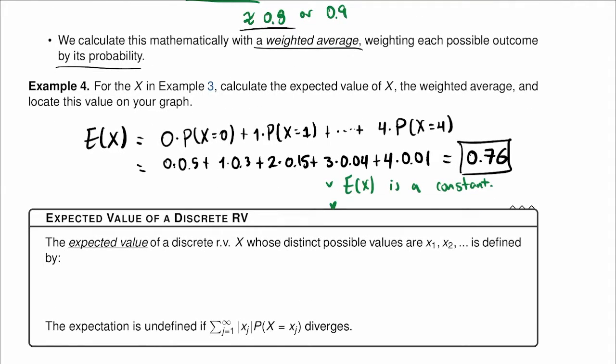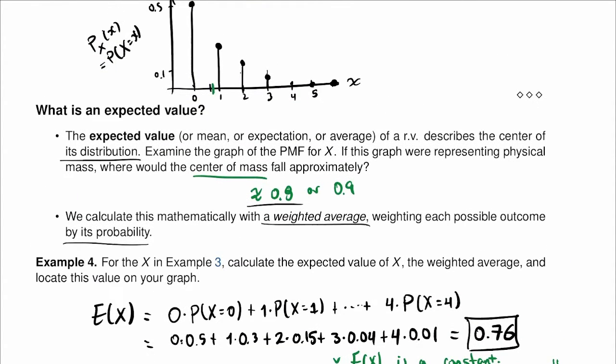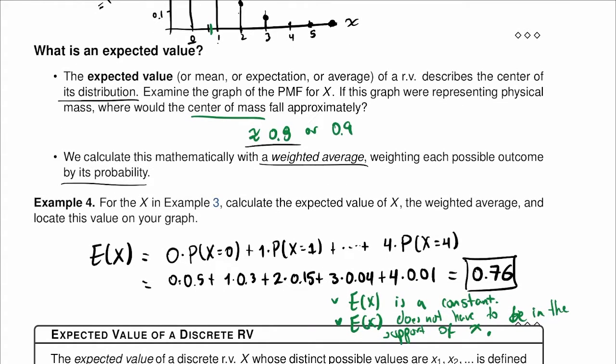It's not a function, it's a number, and the expected value doesn't have to be in the support of X. So remember here that, for example, the support are the natural numbers, or the integers, 0, 1, 2, 3, 4, 5, 6, and so on.